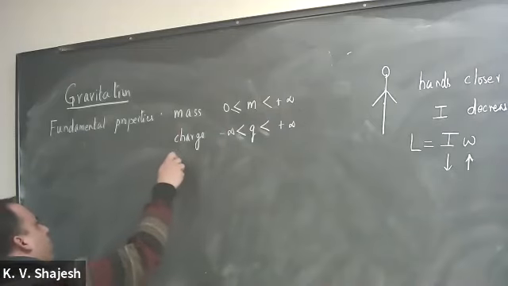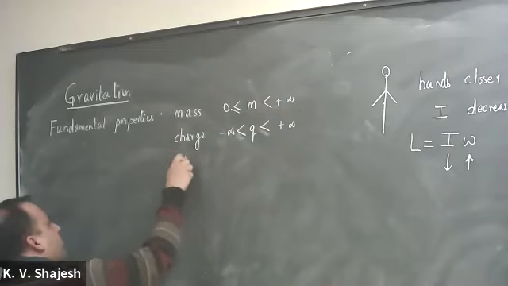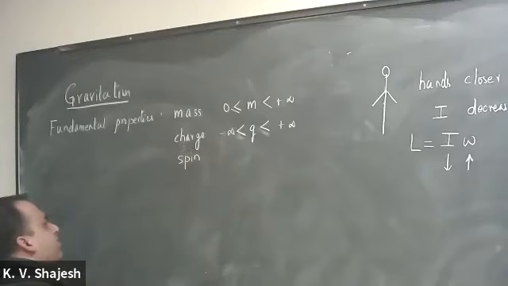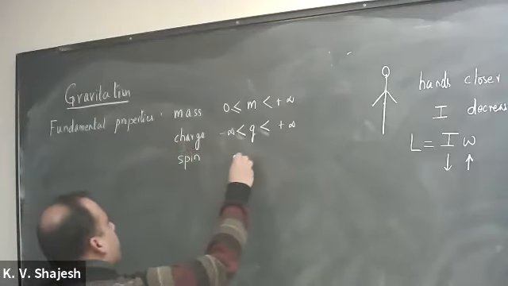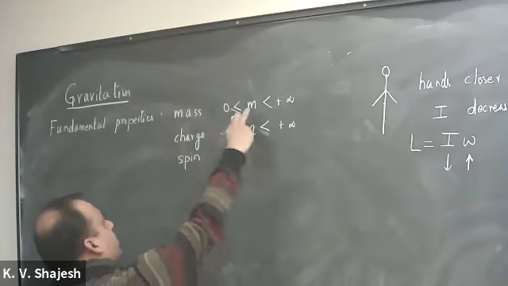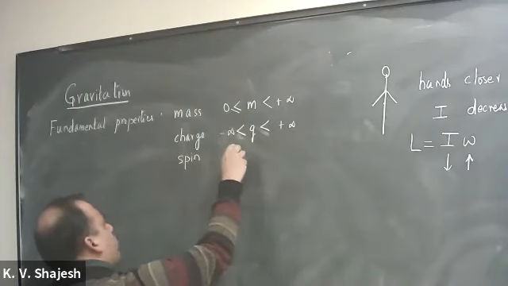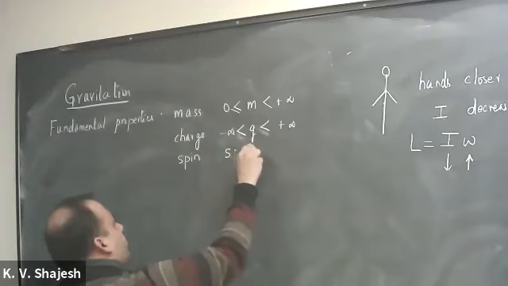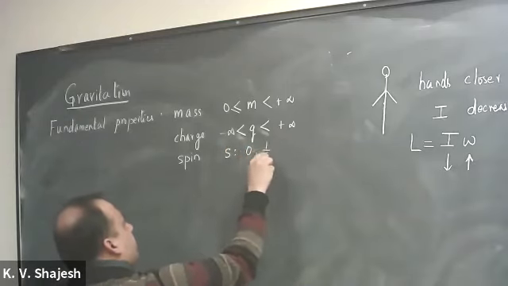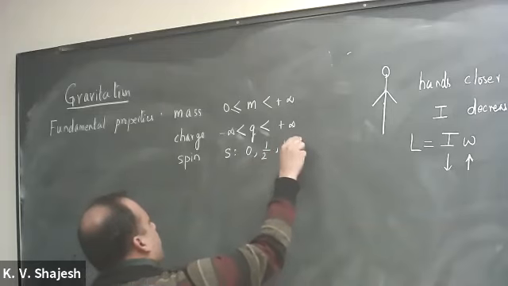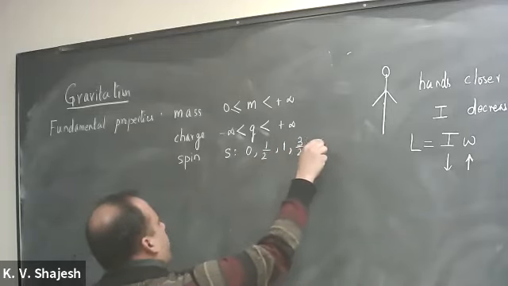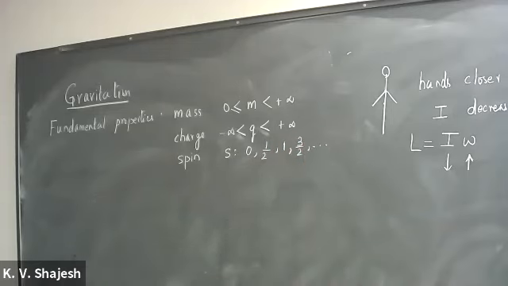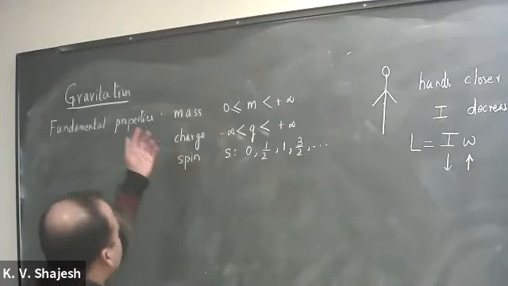There are about 4 or 5 properties one can list, but for now, let me stick to saying a particle also has a spin, denoted by S. Unlike mass and charge, this is quantized, or discrete. So it can be 0, 1/2, 1, 3/2, and so on. If you have not come across this, look it up.